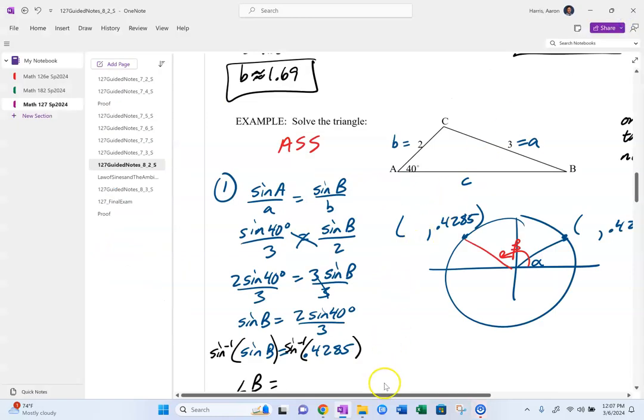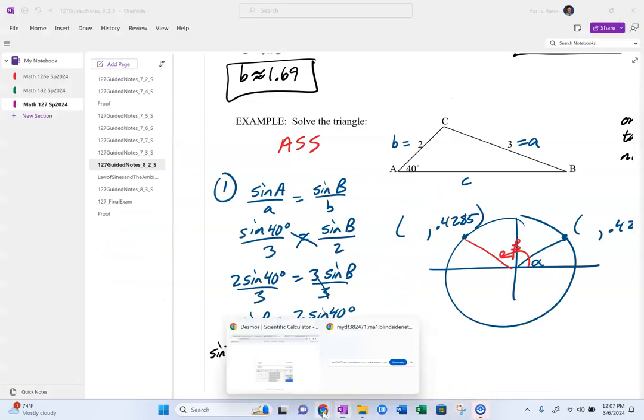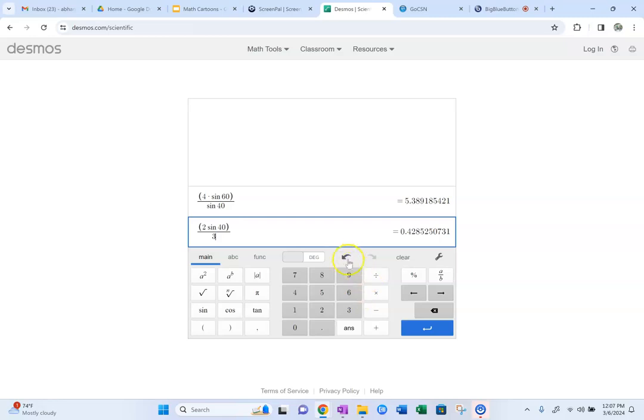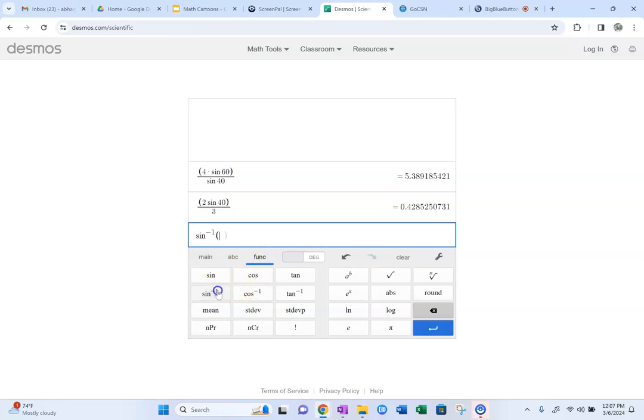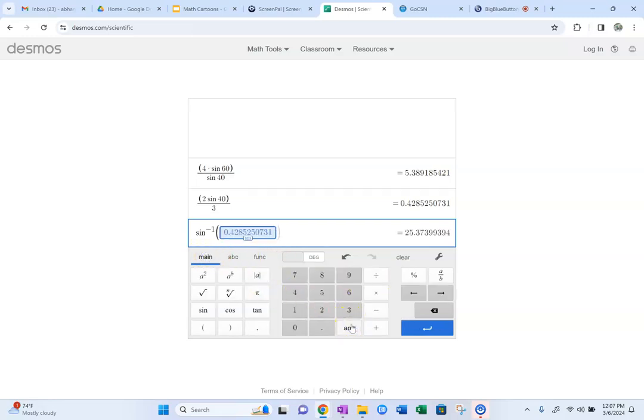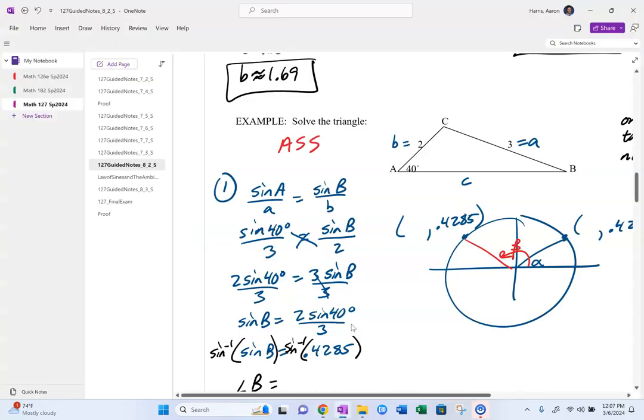So I'm going to go into the functions, FUNC right there, arcsine, that answer right there. So I could just use ANS. That'll bring that whole thing down for me. And then this is exact. So 25.3799394. Right, so I don't have any rounding error.